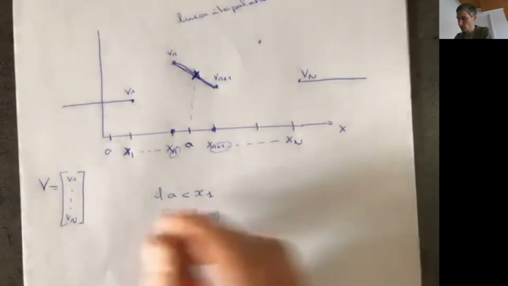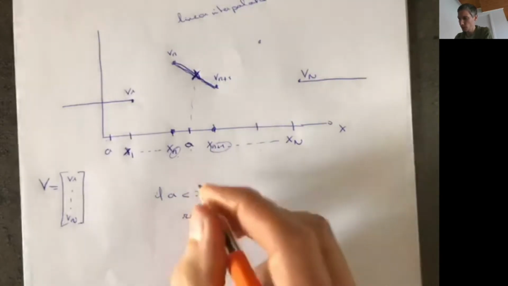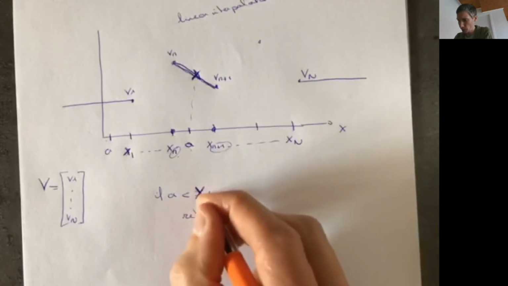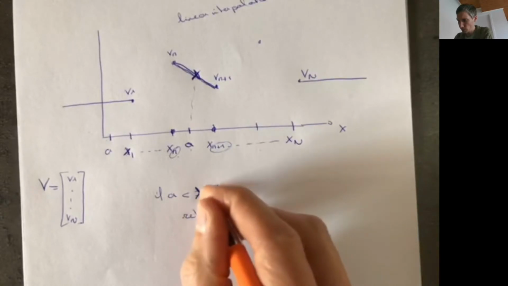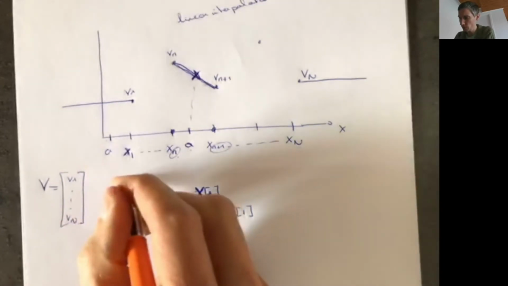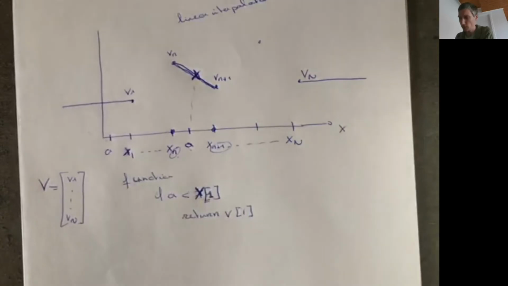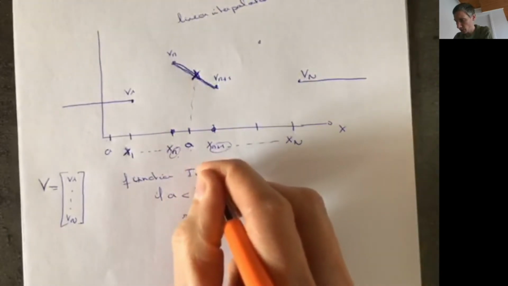going to return the value of v1. And maybe I should put x1 here, the first element of the vector x, using the notation of the previous video. So here, in defining a function, let's call it interpolate.